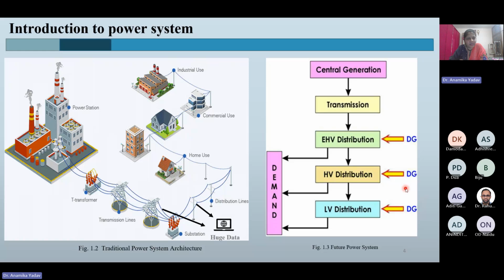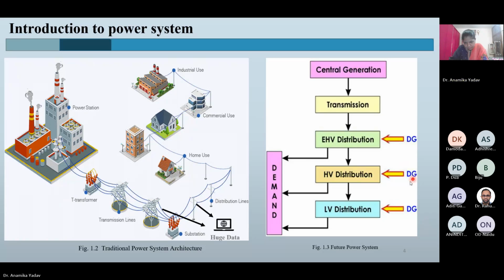In Chhattisgarh particularly, we have DGs which are integrated at high voltage level as well, particularly at 33 kV. So 33 kV is considered to be high voltage distribution, and LV distribution is the residential voltage value, that is 220 volt single phase, wherein rooftop solar units are integrated.